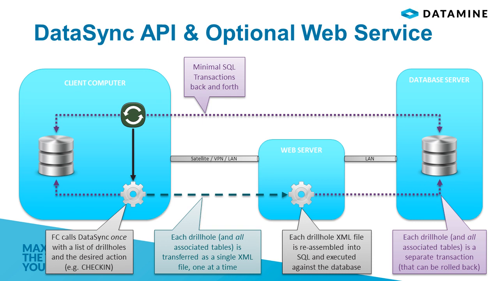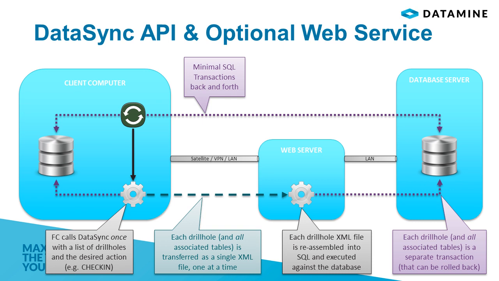But really what happens now, when this web service is present, is this new data sync component wraps up all the data for a drill hole into an XML file. And XML is a really good format for transferring across networks. This is an industry standard technical format. So it'll wrap up a drill hole and all of the associated data into an XML file and just send it to the web service.